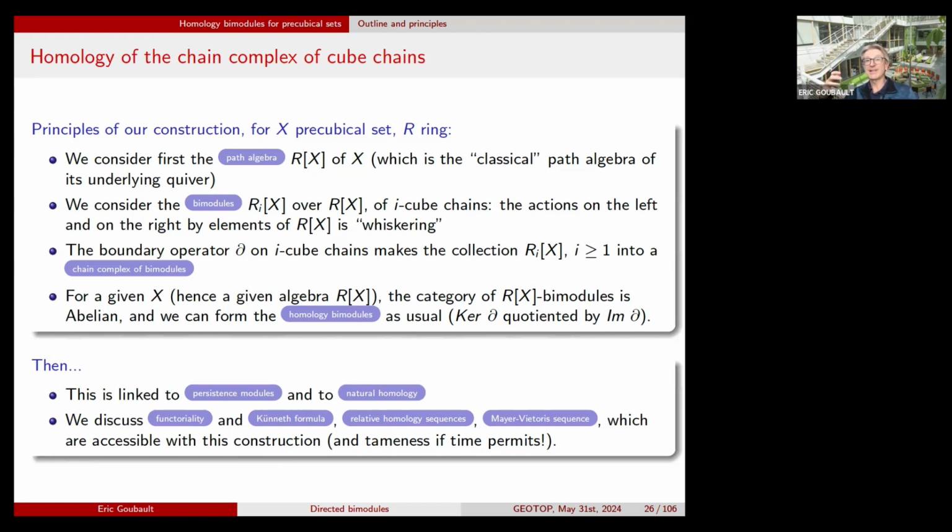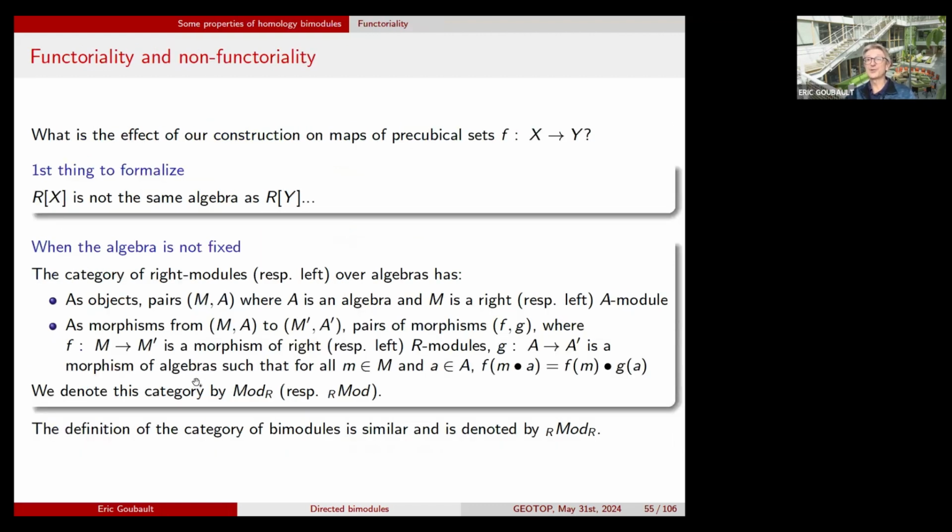You want to compare X with Y as spaces. And so is that construction functorial? How can you compare this with this construction? What are the good properties? Unfortunately, it's not functorial. You have to be very careful, but you still have enough structure to compare spaces up to dihomeomorphism, which is the only thing I want.